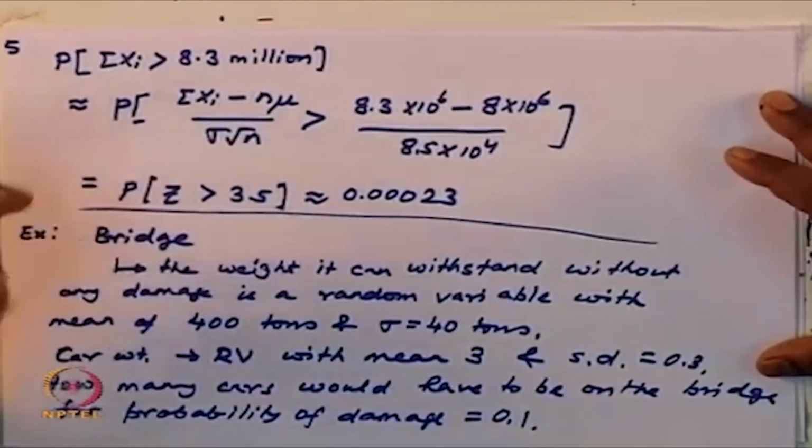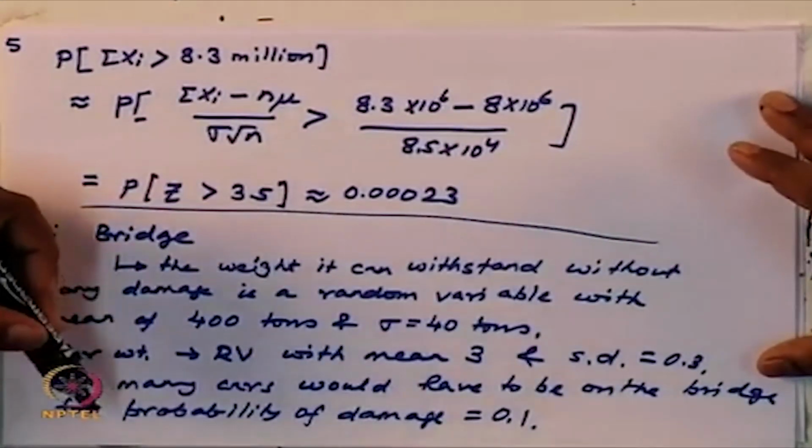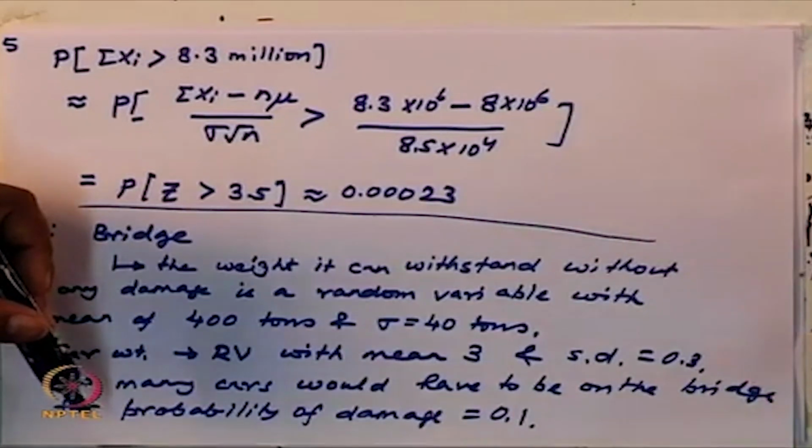Okay. So, what this question tries to understand is how many cars the bridge can bear. So, there is damage probability of 0.1. Okay. So, how do we go about this problem?